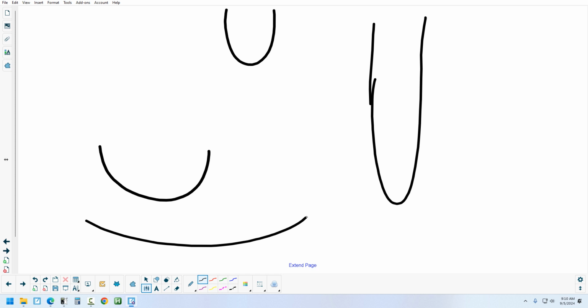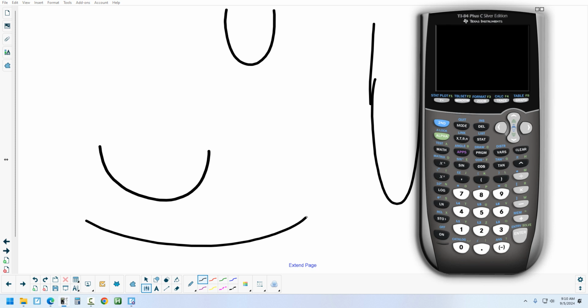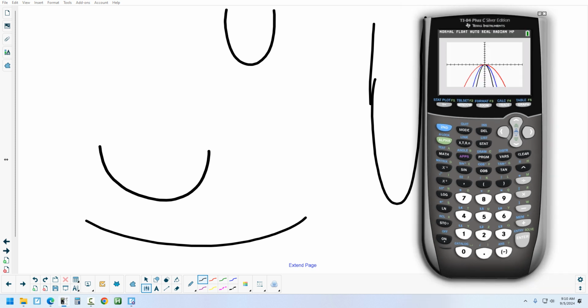So we usually describe that transformation vertically. The bigger you make the number, the more of a stretch you're going to get. So like if you do, let's just say x squared, and then you do 6x squared. That's going to stretch it out vertically 6 times as much, and it's going to get very tall and skinny, because it's been stretched vertically.